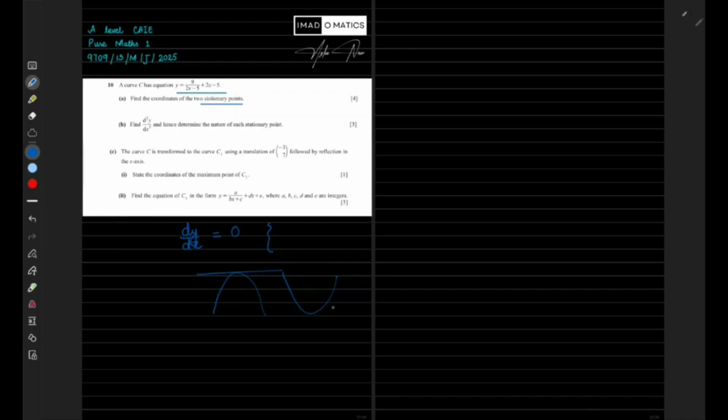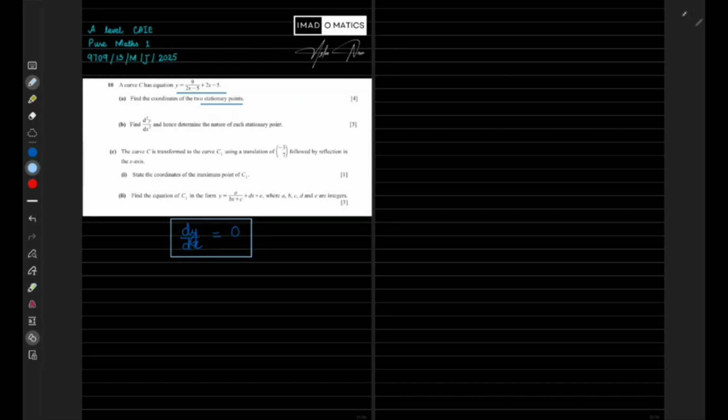And we know at stationary points, that are your turning points, the tangent would be like this, parallel to the x-axis, and for any horizontal line the gradient is 0. So that is why we always put dy by dx equals 0 whenever we have to find the coordinates of the stationary point. Okay, so this is what we are going to do.